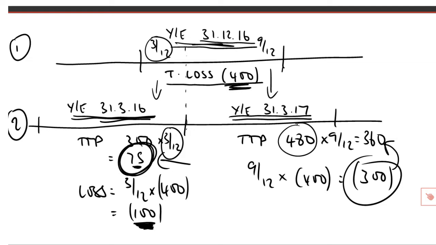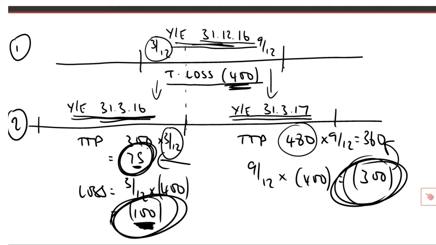We must time apportion both the loss, 3/12, 9/12, that was £100,000 and £300,000 respectively, and then time apportion the profit against which it may then be relieved.